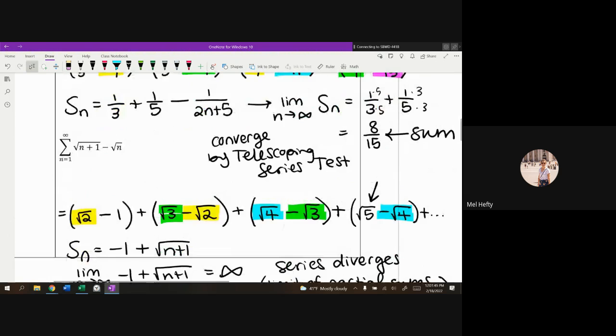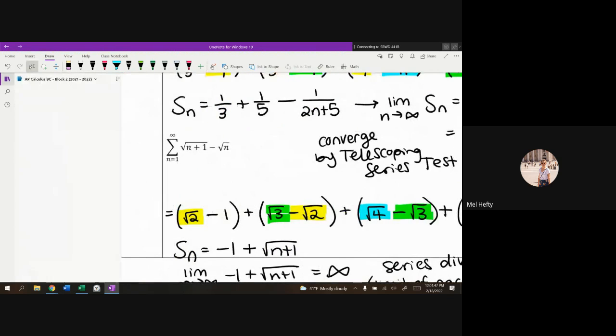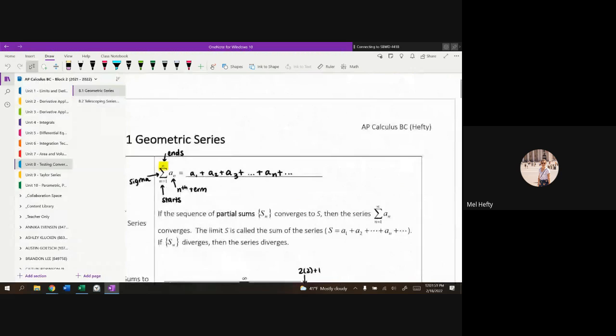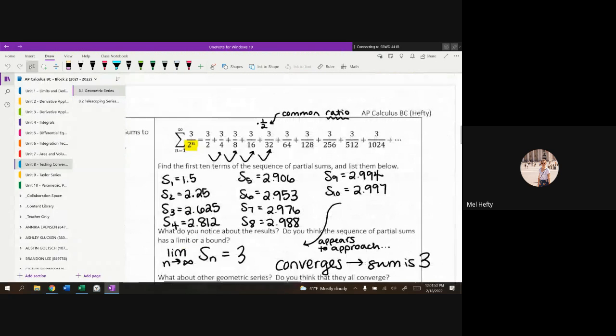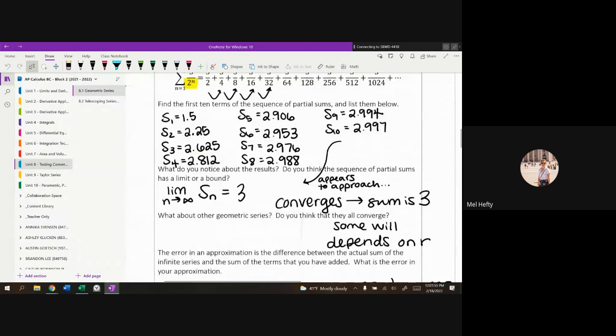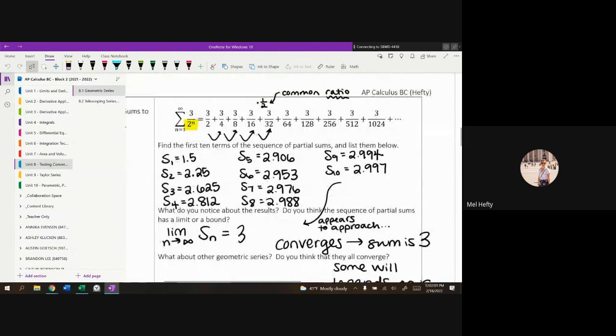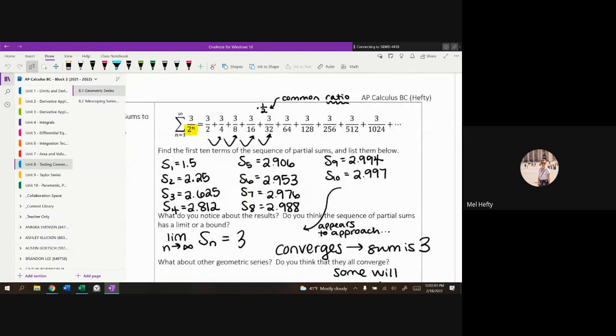So when we looked at geometric last time, I'm going to scroll through our notes. Why were we convinced that something like this was better than something like this? Before we talked about the ratio, why were we liking terms that were 3/2, 3/4, 3/8, 3/16, 3/32? Why did we like those as far as converging?